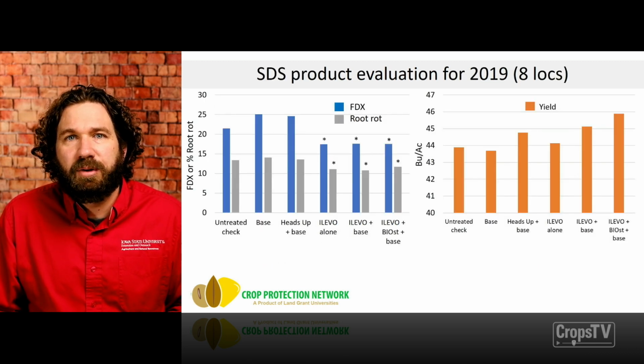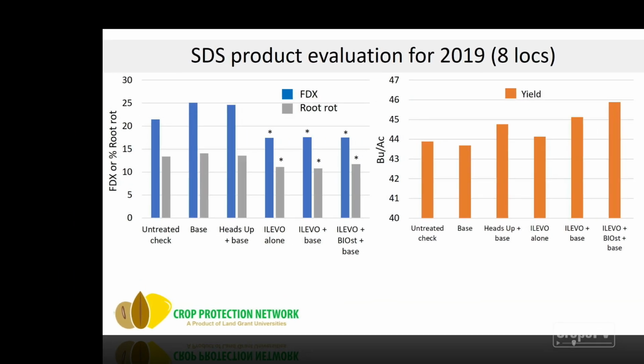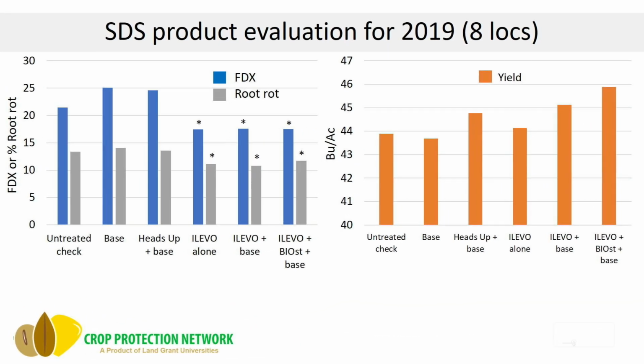Okay, so now we're going to get into 2019 and 2020 data. 2019, we are still just looking at Elevo and then a couple of combinations of things that are not Elevo or in combination with Elevo. And essentially what we found, so the one thing that we added in 2019 was we started looking at root rot.